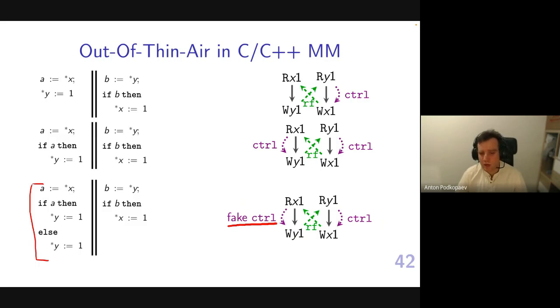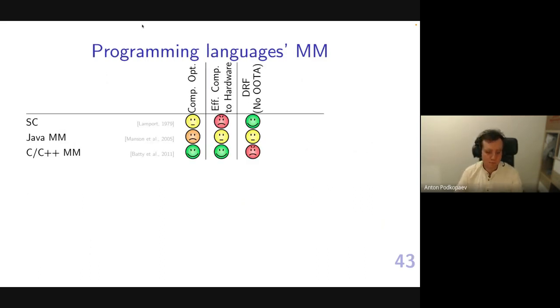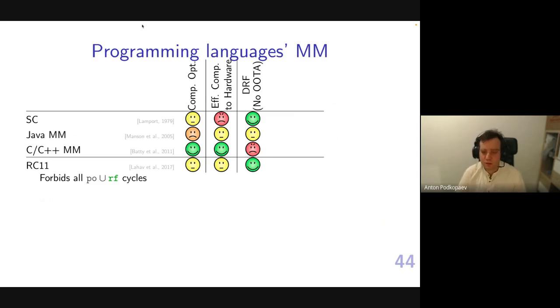So coming up with machinery which calculates dependencies and distinguishes fake dependencies from the real ones is actually what was driving the research around solving the out of thin air problem for a number of years. So we already know the problem with out of thin air. Now let's discuss some solutions.